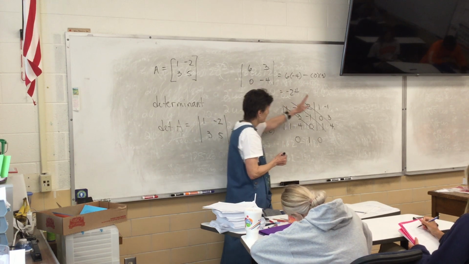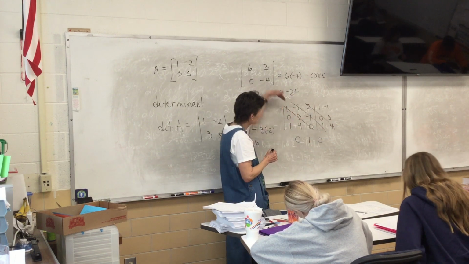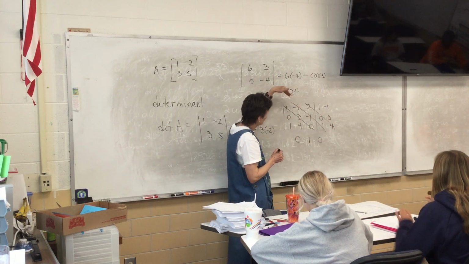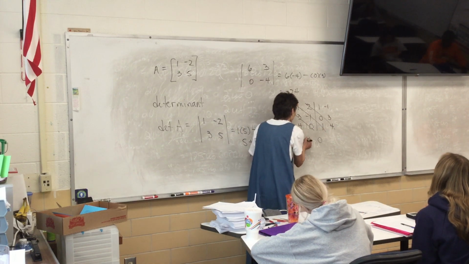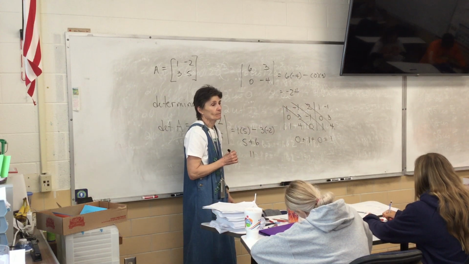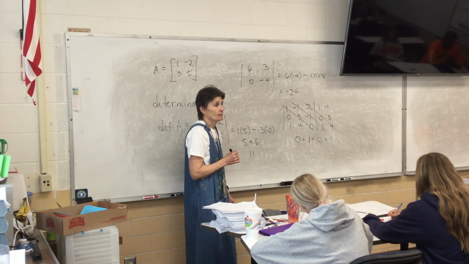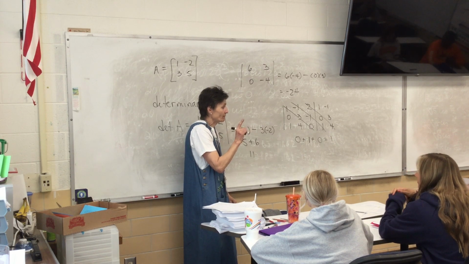Okay, so I created this big thing by tacking on these 2 columns, and I multiply that diagonal, multiply that one, and add all that up and get 1.